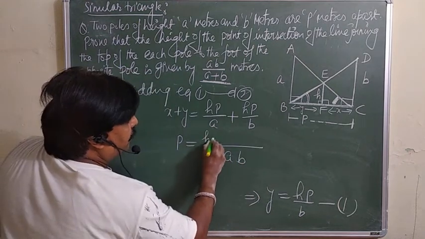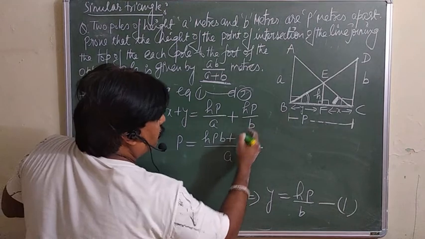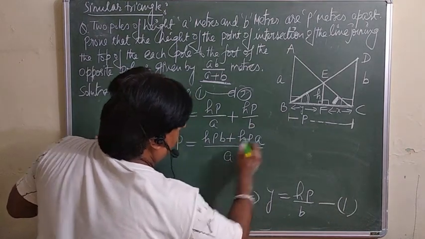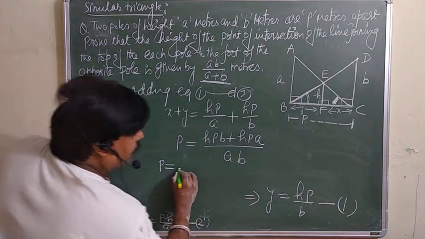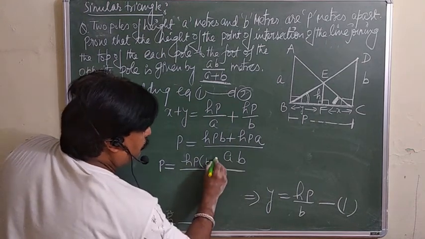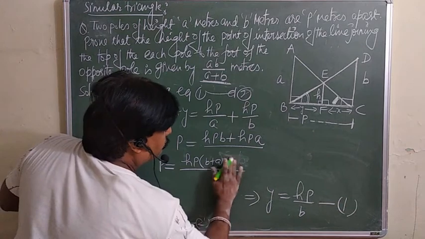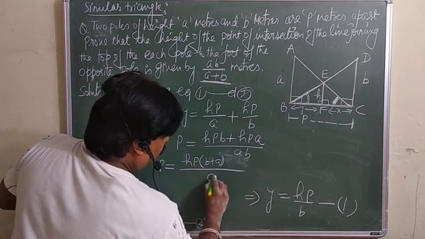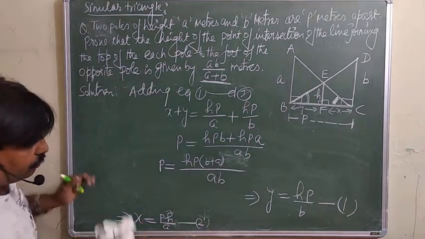Here you will get HPB plus HPA. So P is equal to, taking HP common from the numerator, B plus A over AB.